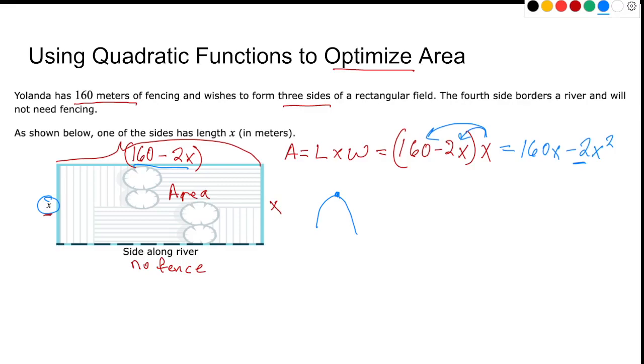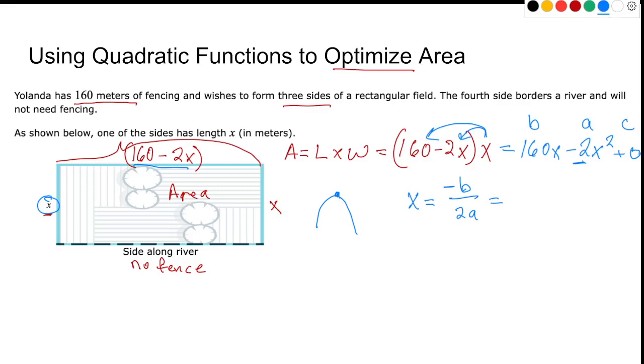Okay, so what is the formula for finding the x coordinate of the vertex? It's minus b over 2a. It might be helpful if you put the c. So this is our a, this is our b, and then there's a plus 0, which is what c is over here, right? There's nothing there, so that's what c is.